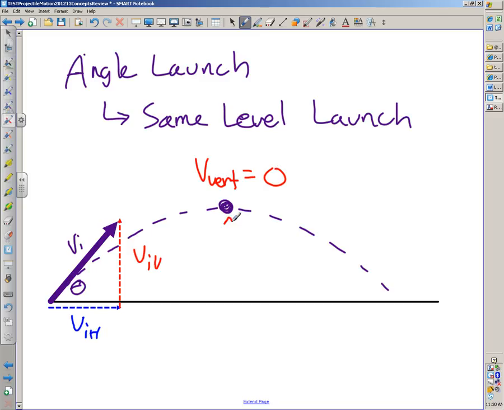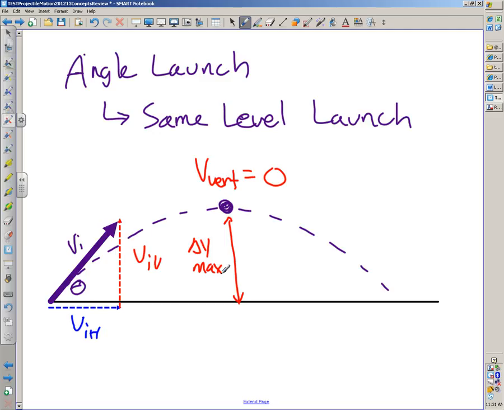Meaning what's true about this right here? This is the maximum vertical displacement from the launching spot. Does that make sense? Okay. If it stops moving upward, where's it going to start going? Downwards. That's the highest it's going to get.